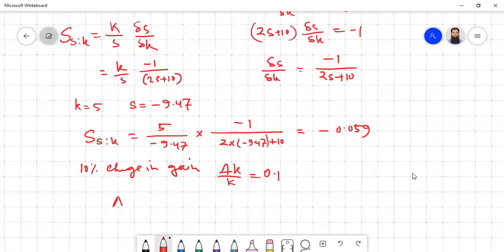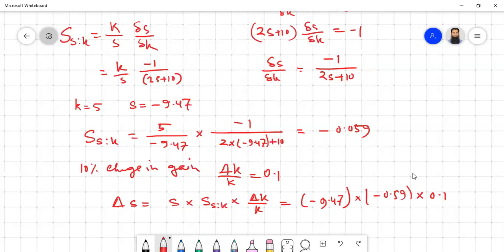Let us find del S equal to S, the pole, times the sensitivity of S with respect to K, times del K by K. The pole location is minus 9.47, times the sensitivity minus 0.059, times 0.1. What you get is 0.056.